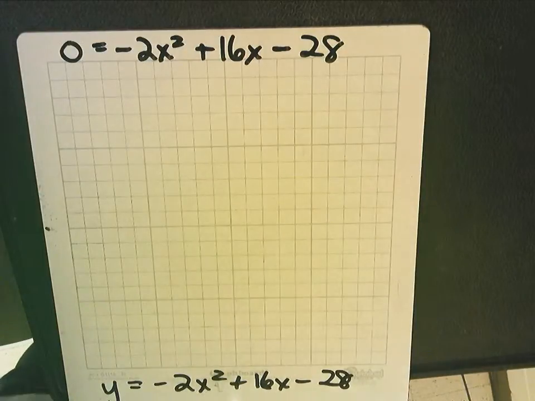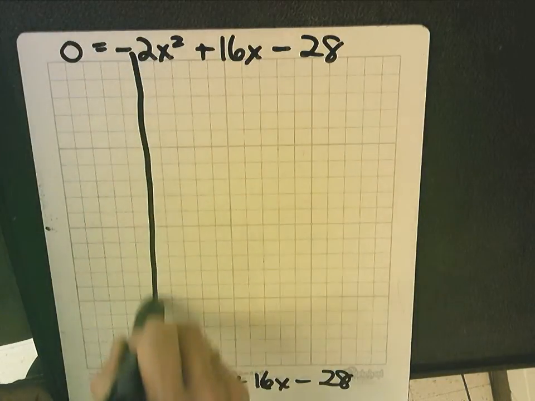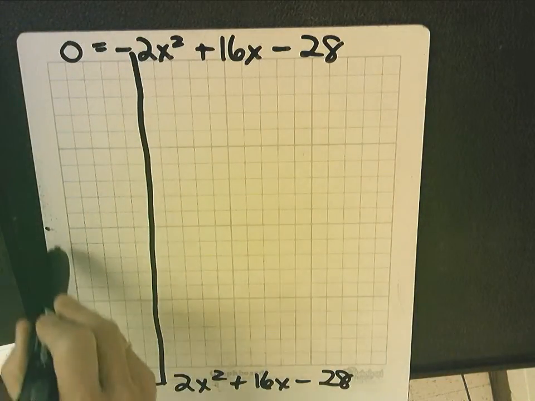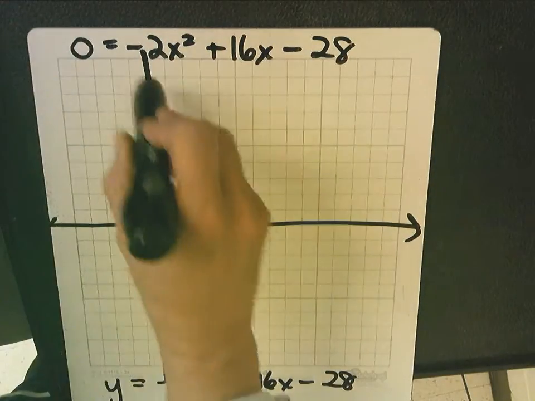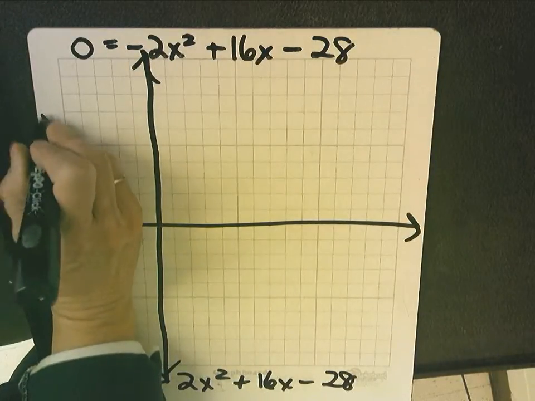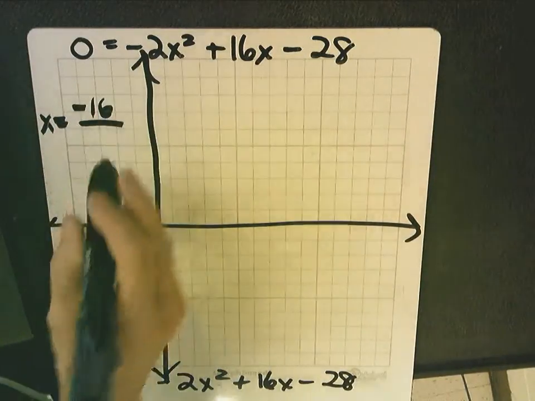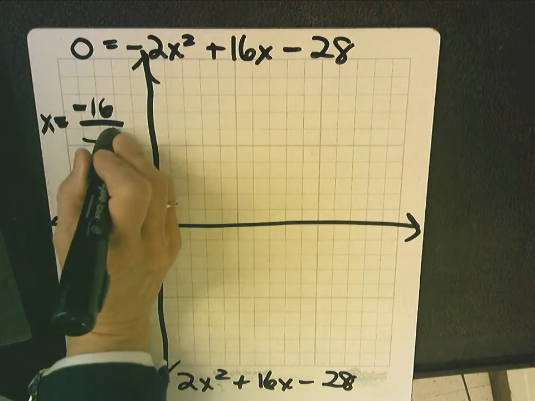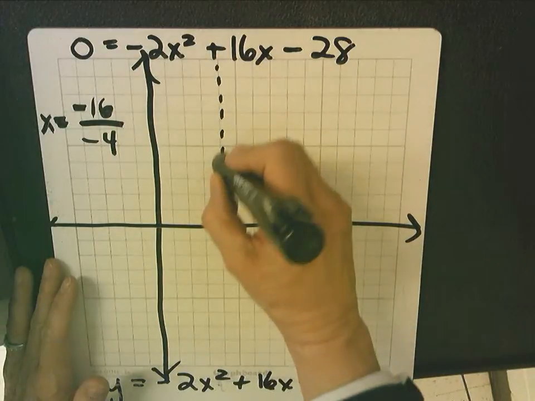And I'm going to do that by first finding the axis of symmetry. So I'm going to draw my coordinate plane, my x and y axis. And x equals negative 16 over negative 4. So my axis of symmetry is a positive 4.